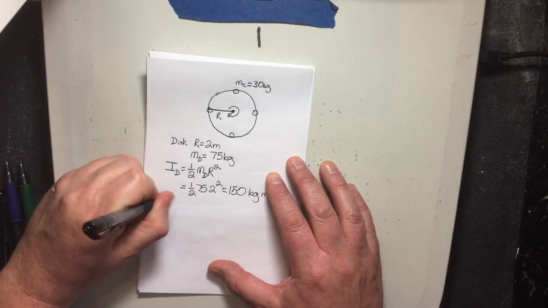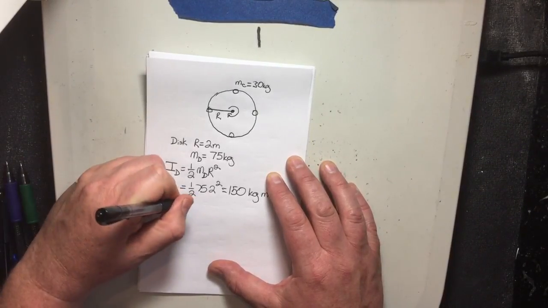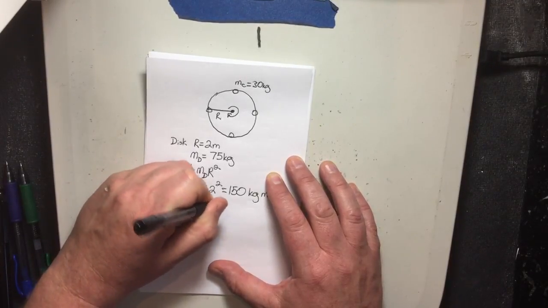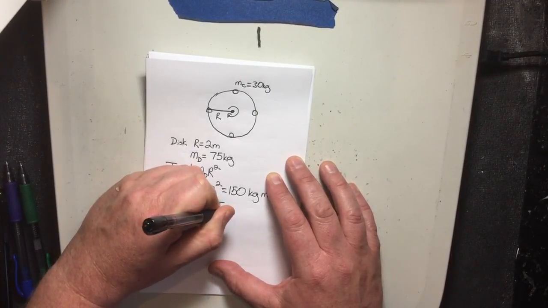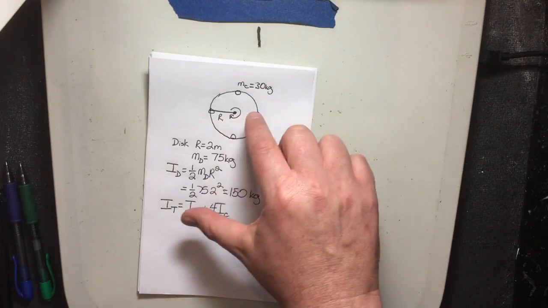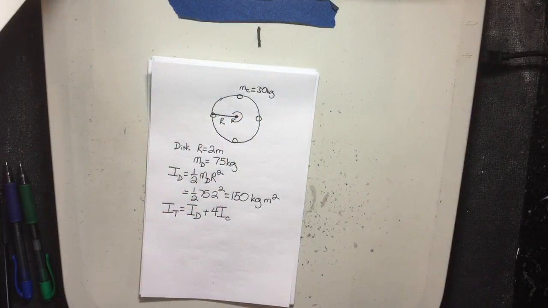Well, the total moment of inertia is the moment of inertia of a disc plus 4 times the moment of inertia of the child. Because you've got 4 of them, each child has its own moment of inertia. They're all at the same distance away from the center. So it's 4 times moment of inertia of a child.